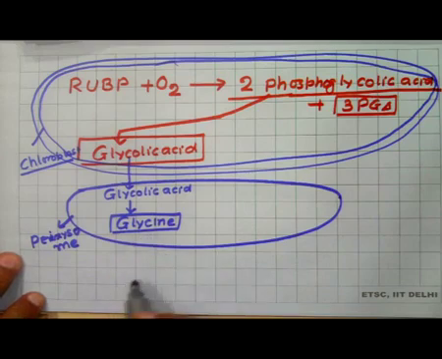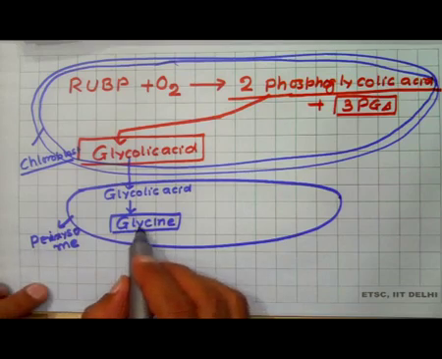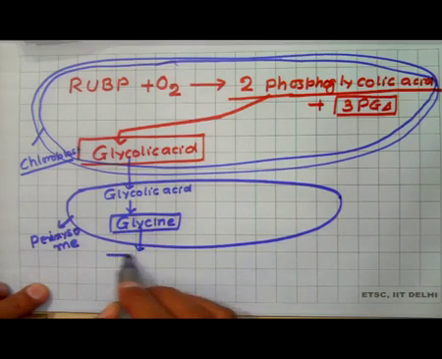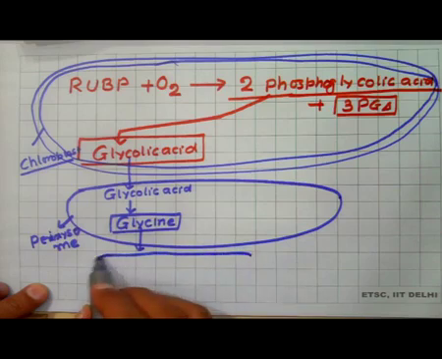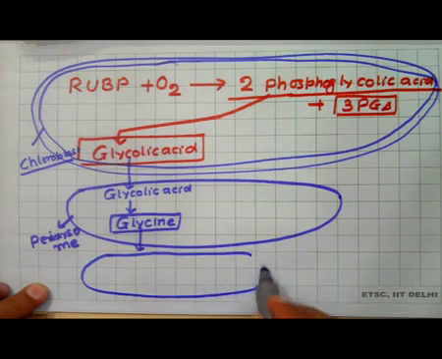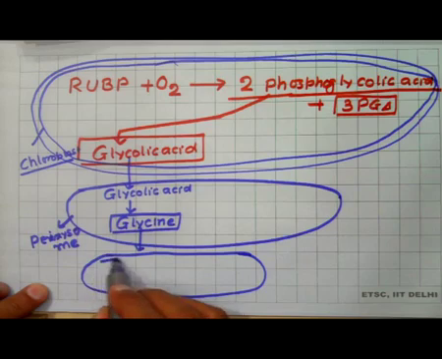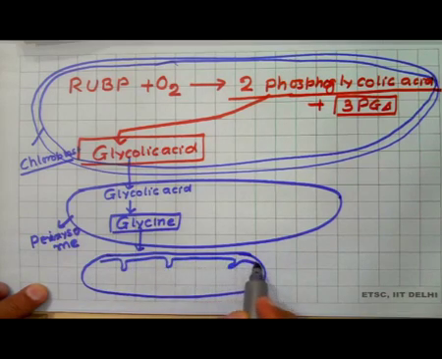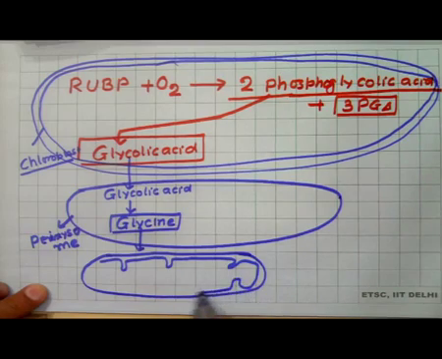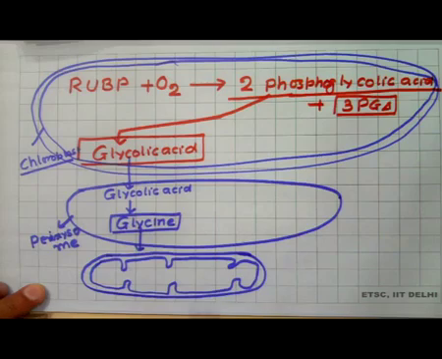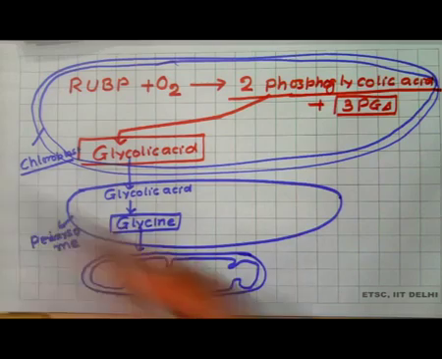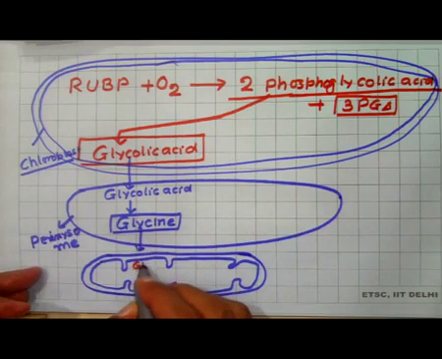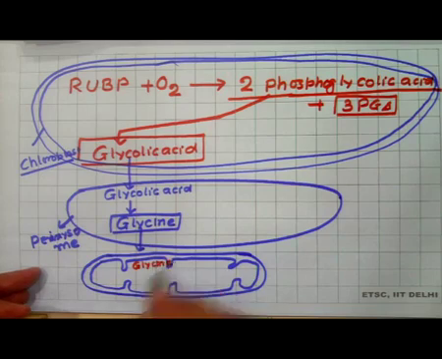Now, this glycine is transferred to the mitochondria. Mitochondria we have already known, in cytology this is called the powerhouse of the plant. This glycine reaches the mitochondria, and here it is converted into serine.